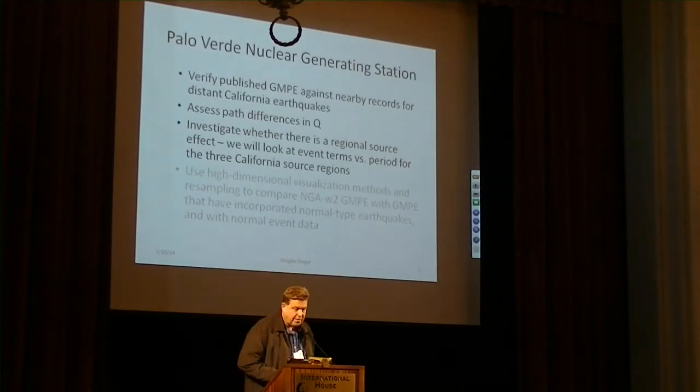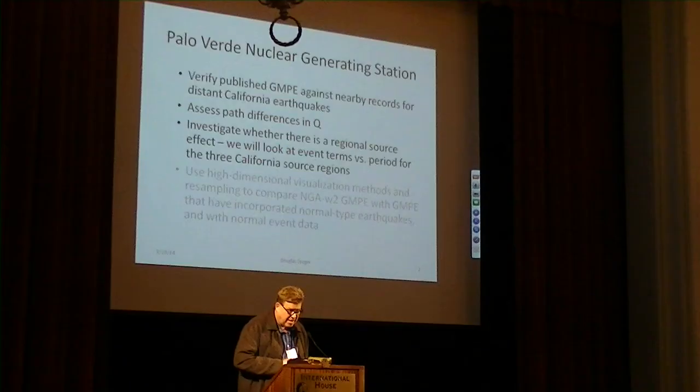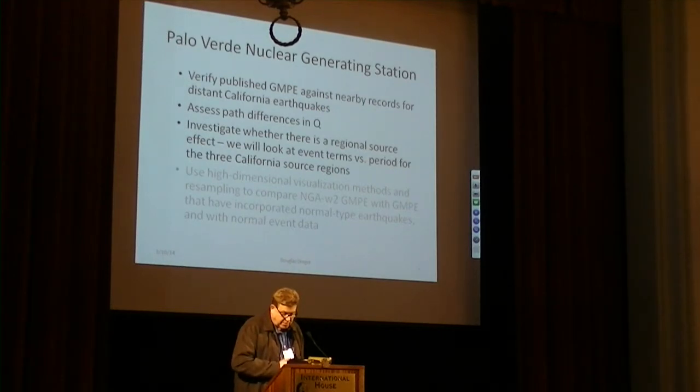Okay, so for Palo Verde, what we have done is to verify published GMPs against nearby records for distant California earthquakes. This is work that Jenny Watson-Lamprey did. Norm showed a number of examples for that.